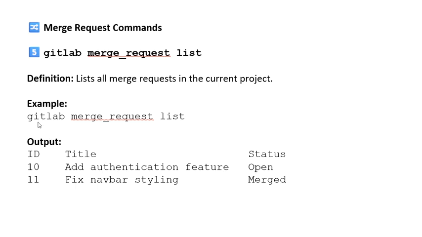The output has id, title, and status. The titles are, for example, add authentication feature and fix navigation bar styling, with the status open or merged.